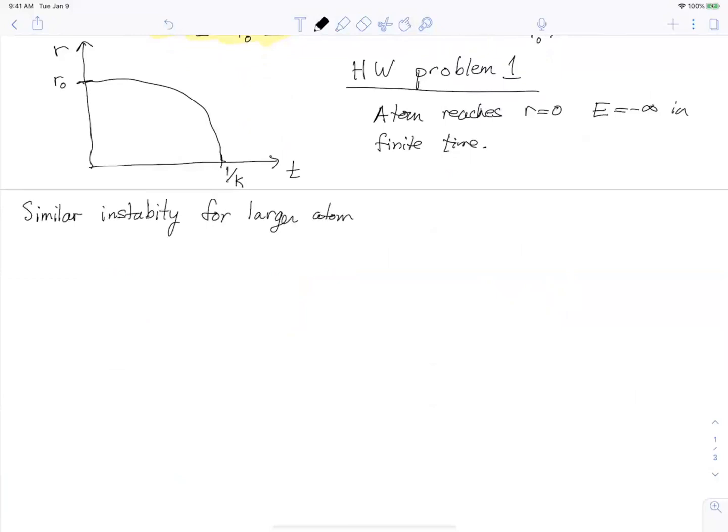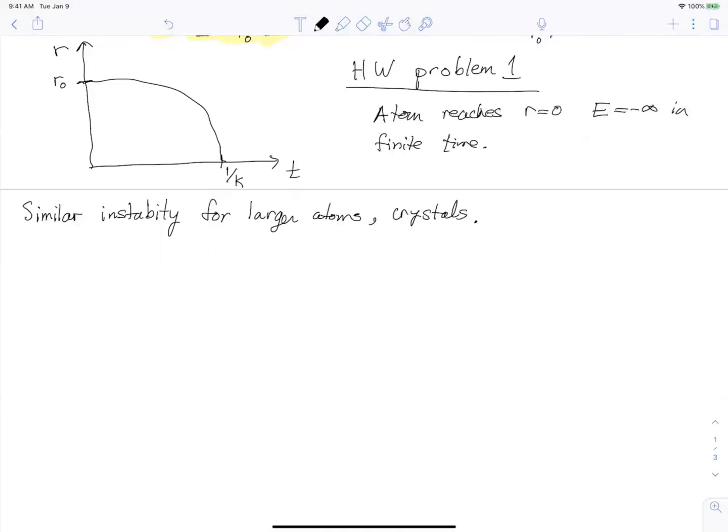So any form of matter made out of charged particles is going to have the same problem. Basically, your negative charges and your positive charges are going to be attracted. There's no reason why they can't just glom onto each other and release an infinite amount of energy, and the whole universe would be unstable.